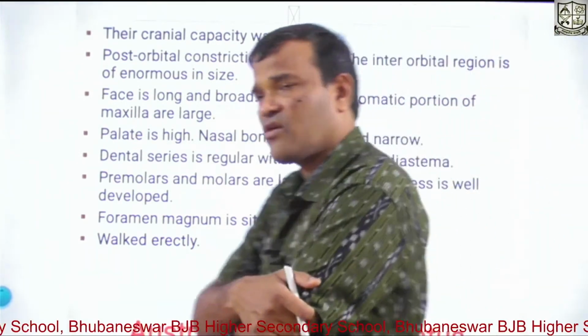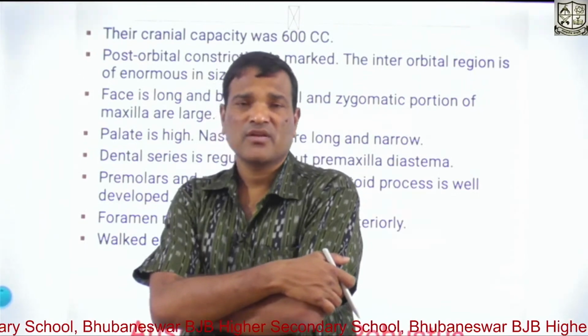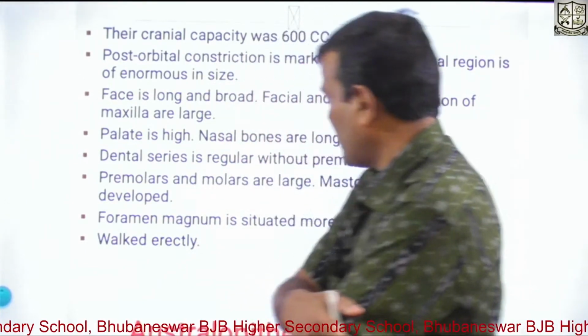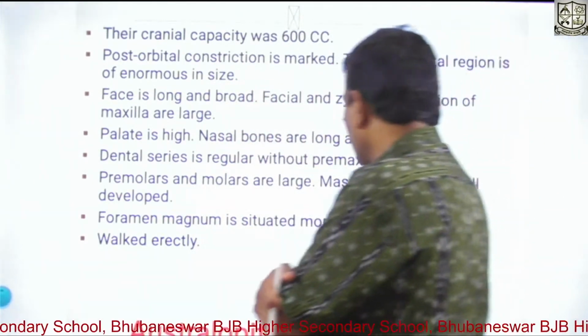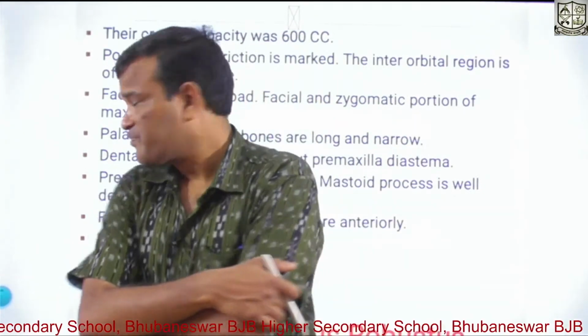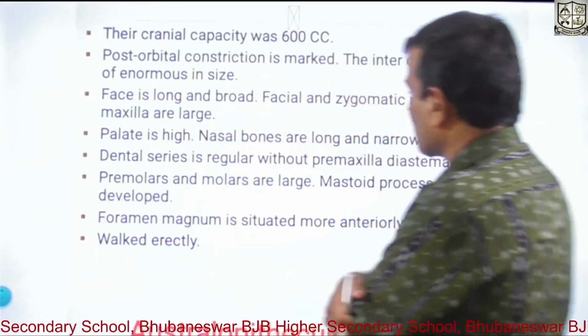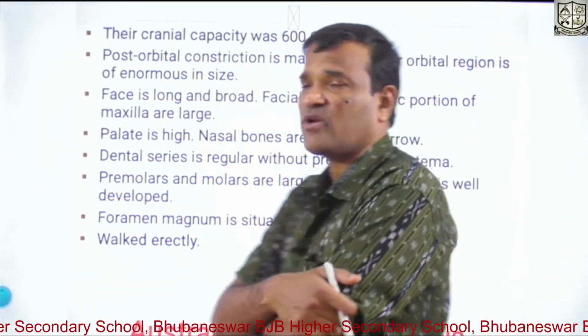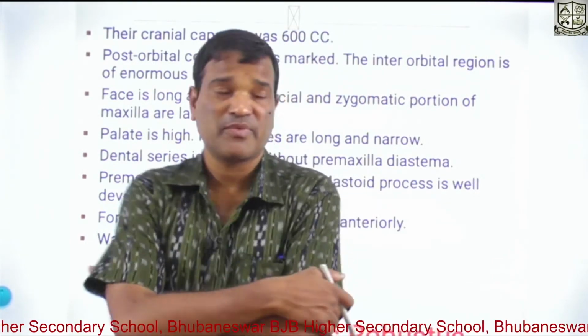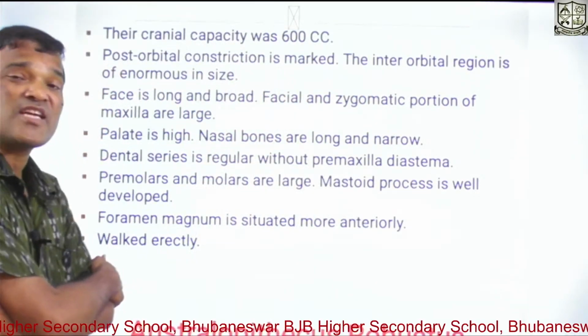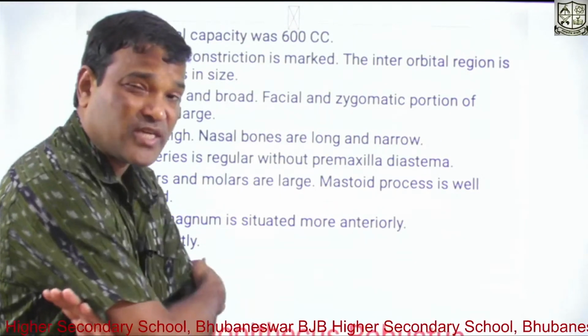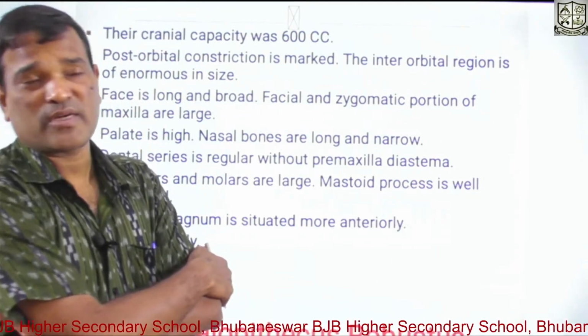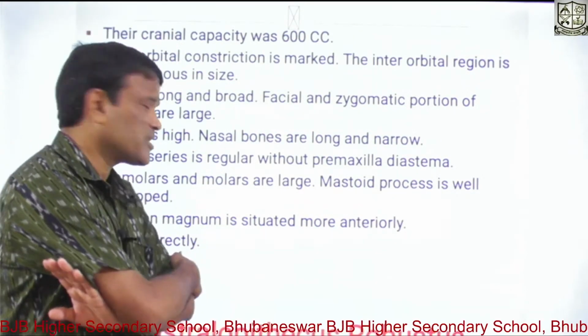Nasal bones are long and narrow. The dental series is irregular without premaxillary diastema, and the premolars and molars are large. This tooth pattern is directly related to their food pattern, and is also related to the hominid type.